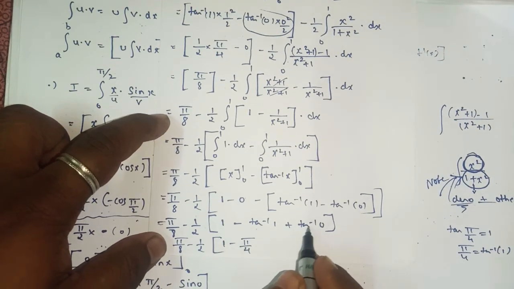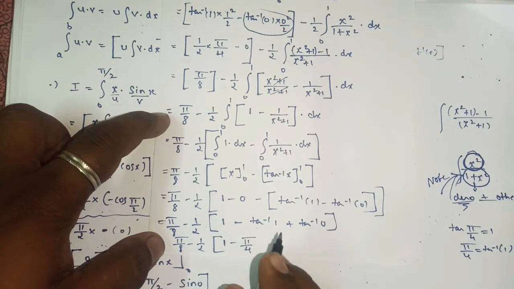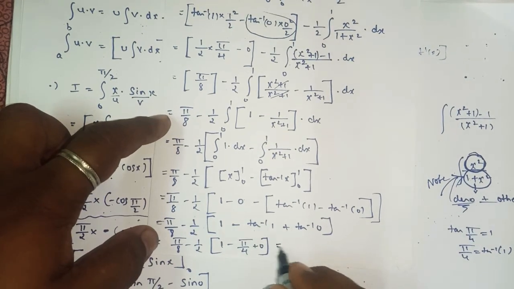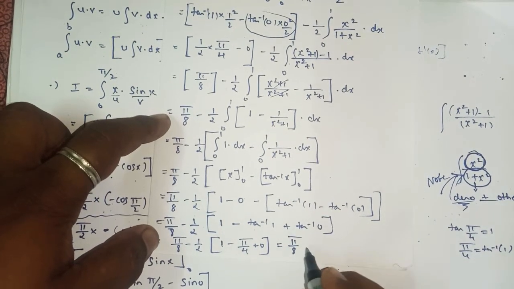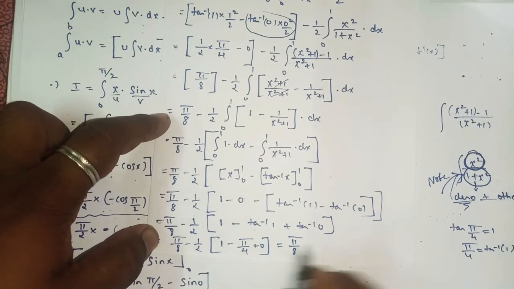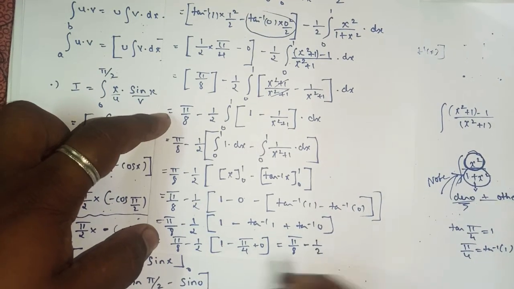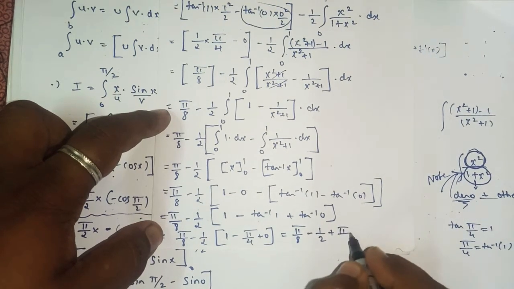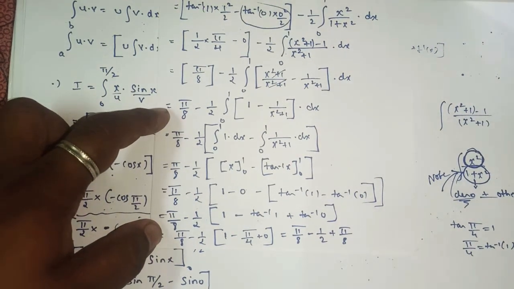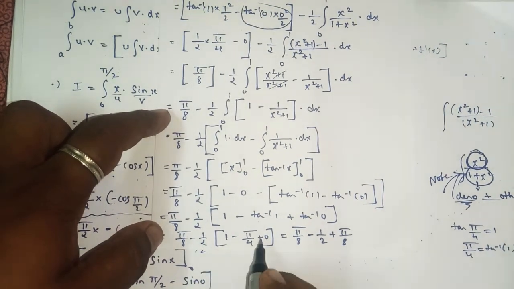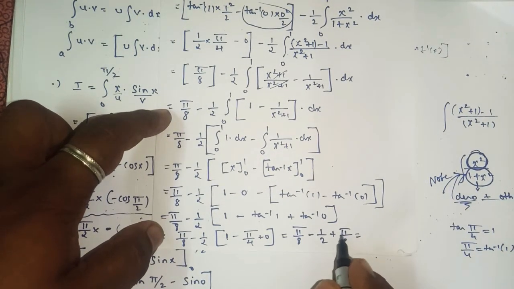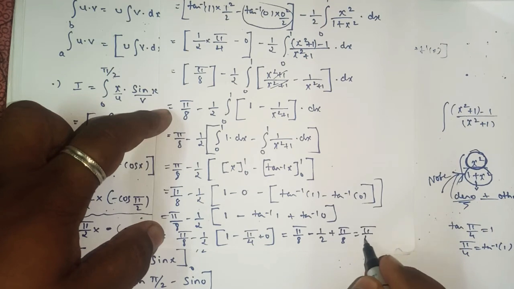And tan inverse 0 is 0, yes or no? So in the final step we can write pi by 8, bracket open, minus 1 by 2, this minus minus will be plus, this will be pi by 8, and this will be 0. So here pi by 8 and pi by 8 will be 2 pi by 8, so here you will get pi by 4, yes or no?